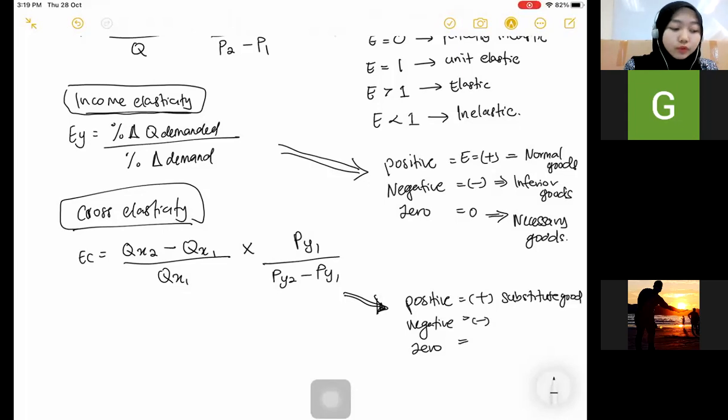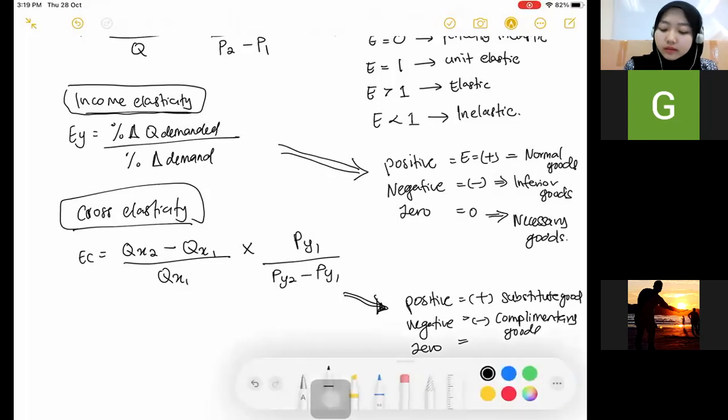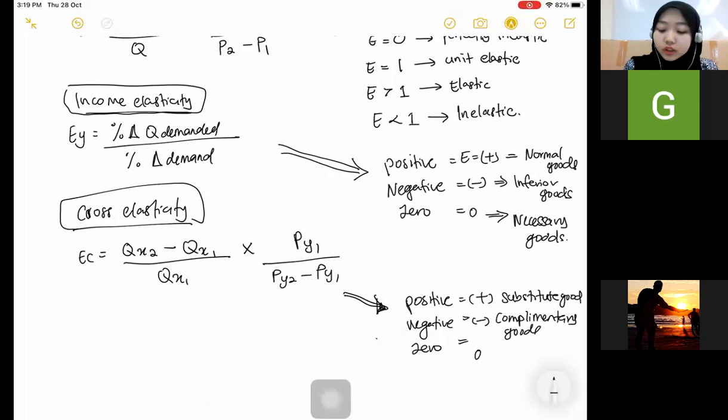Negative refers to complementary goods. And 0, okay, wait, hold on, my pen suddenly stopped. 0 refers to two goods that are not related.